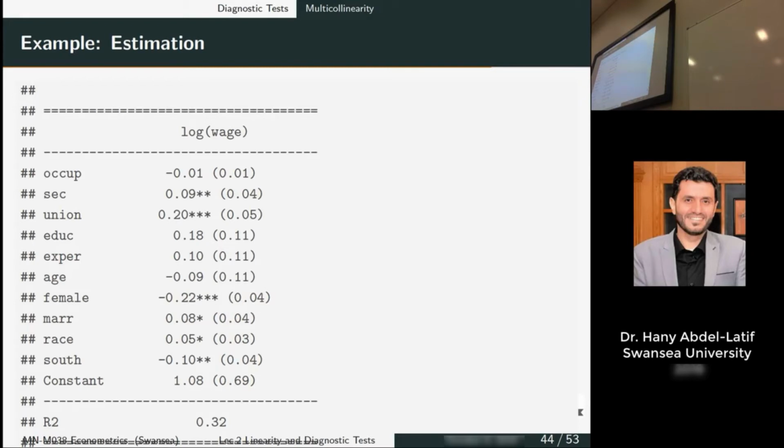If it is 1, that means your model explains 100% of the variation in this variable. So 0% is very low, a high percent is really high. So when you have 0.3, that means this model explains 30% of the variation in wage. Is this high or low? Are you sure?